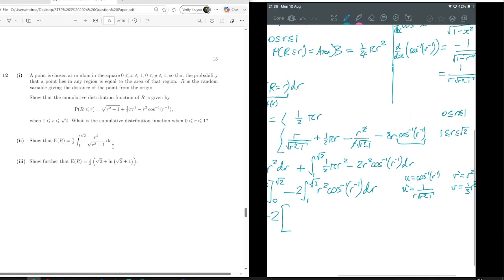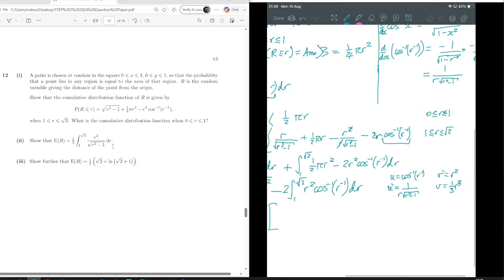Okay, so then this becomes a third r cubed cos inverse r inverse between the limits of root 2 and 1. So I'm going to have to think carefully about what that does, minus the integral between 1 and root 2 of those multiplied together, which is r squared over 3.